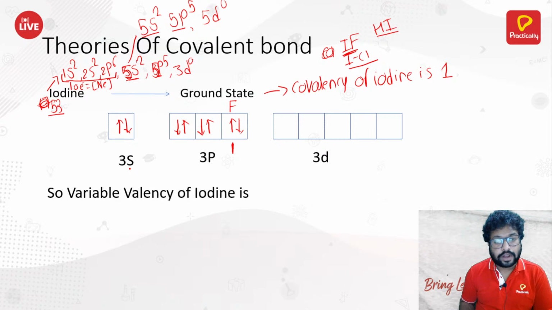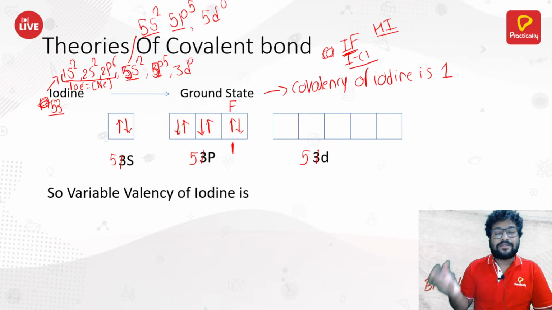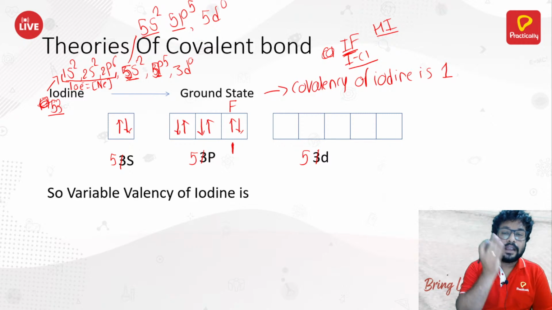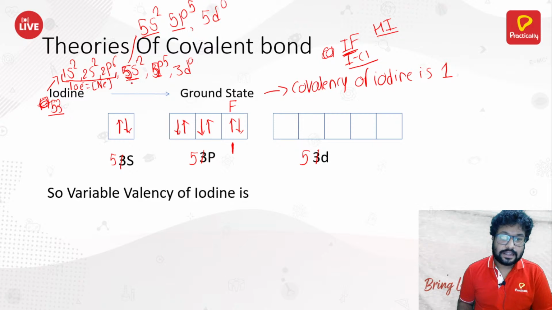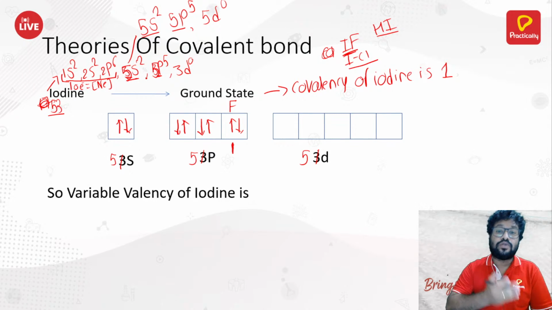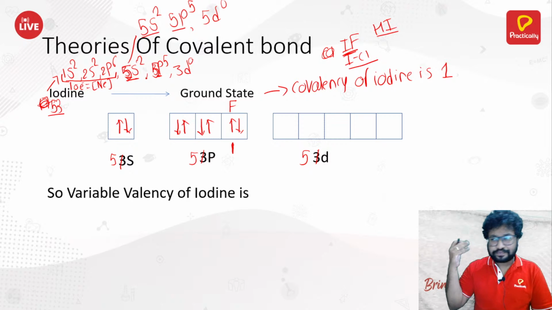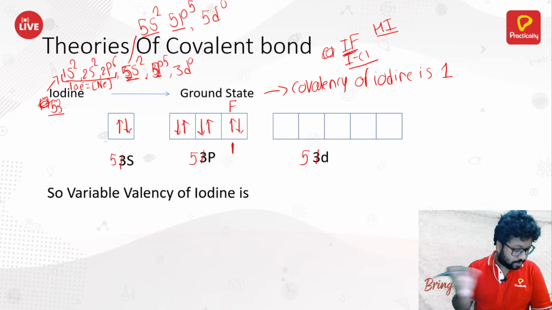So I was actually talking about chlorine there, but anyways, this is 5s, 5p, and 5d. Now, iodine and chlorine and fluorine, all of them have similar electronic configuration. I'm saying similar, not same. It is a different electronic configuration, obviously, but only this number is different, which is your 5. In bromine, it's 4, it would have been 4s2, 4p5. For chlorine, it's 3s2, 3p5. For fluorine, it's 2s2, 2p5.